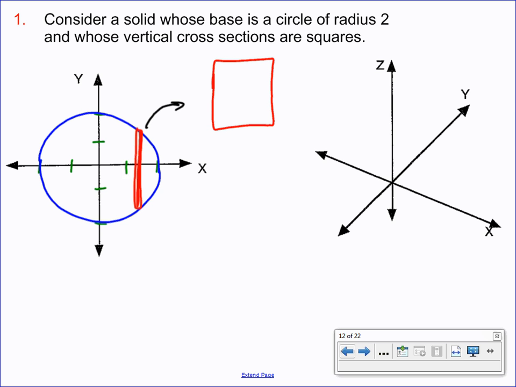If only we could visualize such a paperweight. If only someone took the time or had the inclination to find some such object, right? It would be a circular base, right? Circular base, but cross sections taken perpendicular to base that are squares.